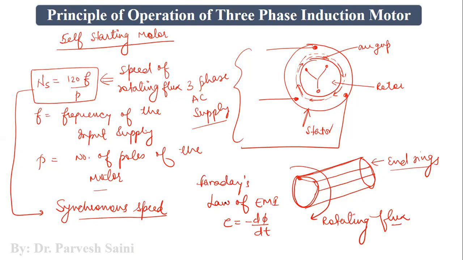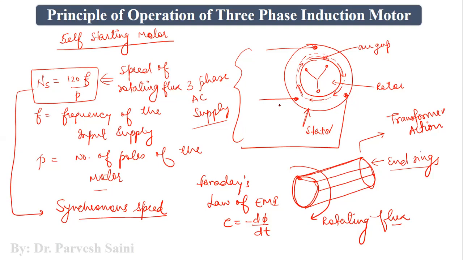Right. Now, this seems to be the transformer action. Like in a transformer, we have a primary winding and a secondary winding. The supply is given to the primary winding, and the output is taken from the secondary winding of the transformer. Now assume here that the stator winding is the primary winding of the transformer and the rotor's winding is the secondary winding.